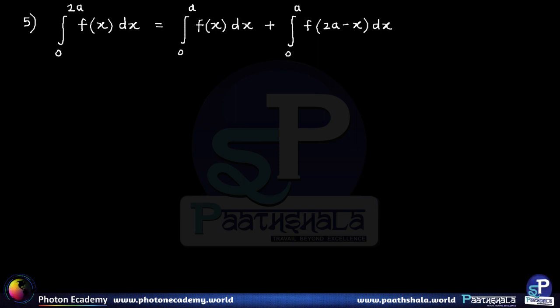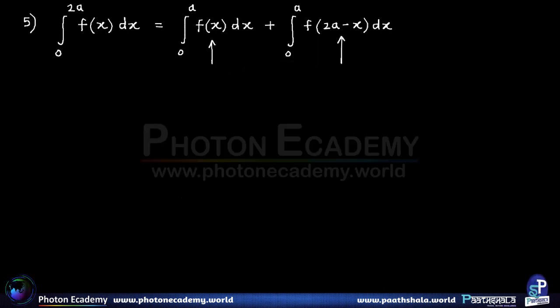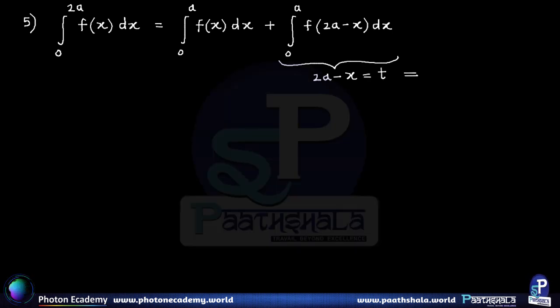Now how do we prove this? So in the first we have f of x and in the second we have f of 2a minus x. Now what we do to prove this is that we start off with the second integral on the right hand side. Okay, and we use the substitution, that is, let us put 2a minus x is equal to t. So that clearly gives us dx is equal to minus dt.